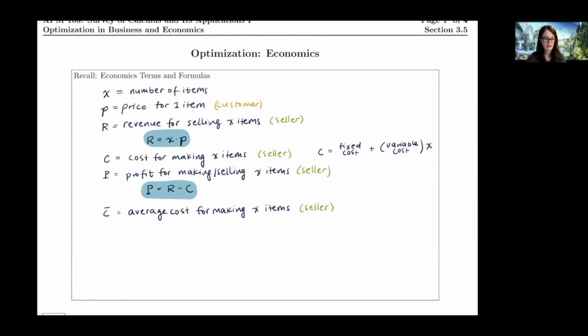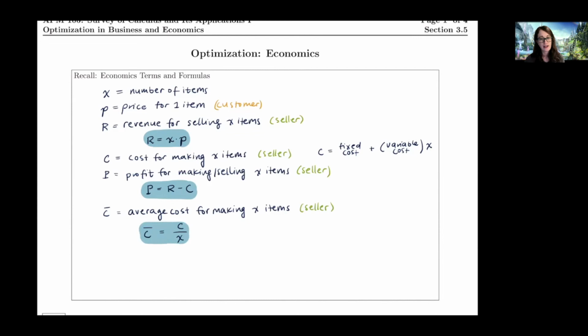So we can see on average what one item actually costs to make if you include its share of the fixed cost in there. Okay, so a formula for C bar is just taking your total cost and dividing that by the number of items made. So that's C bar equals C divided by X. That's what we call average cost. So those are all of our variables.